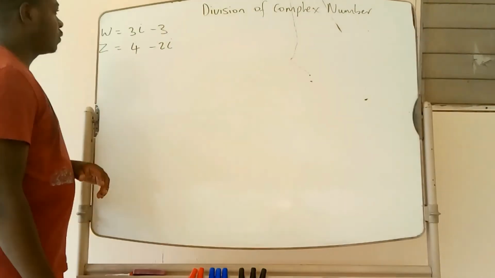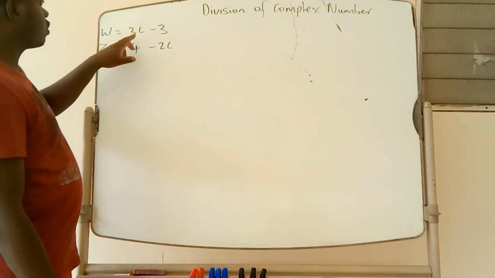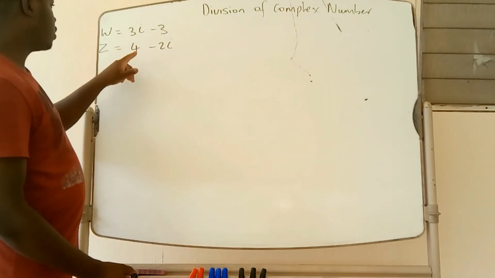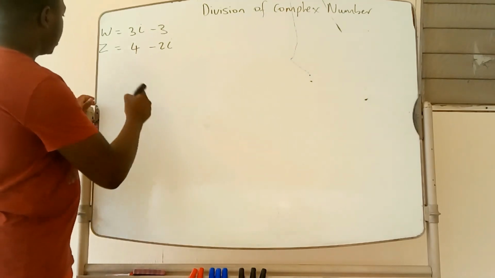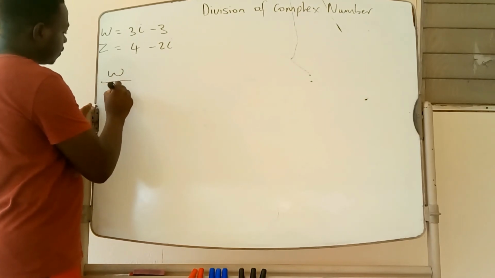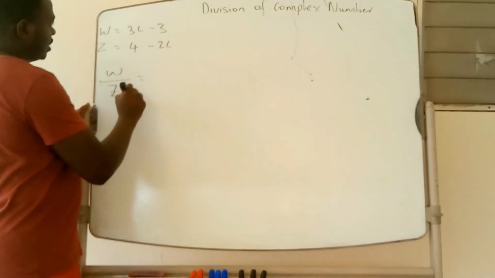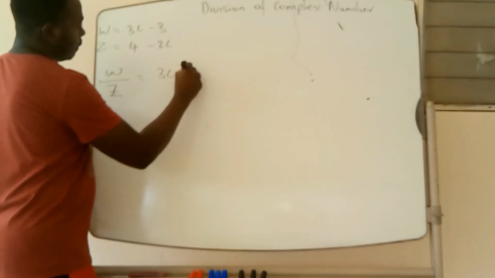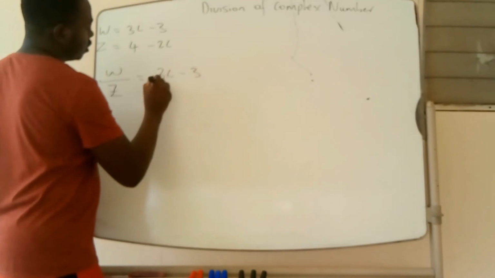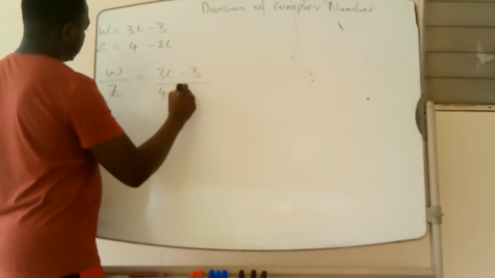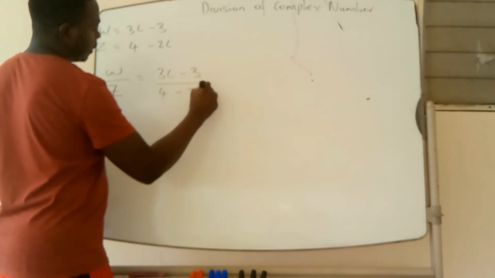So that's it. So we have the complex number w is equal to 3i minus 3, right? And z is equal to 4 minus 2i. Let's say that they want us to find w divided by z. Or w divided by z would be 3i minus 3 all over 4 minus 2i.